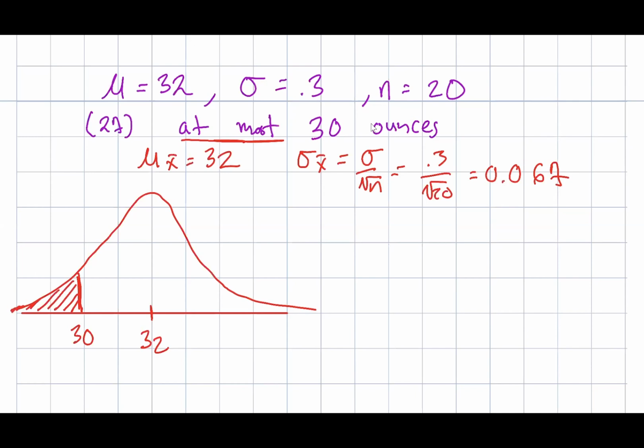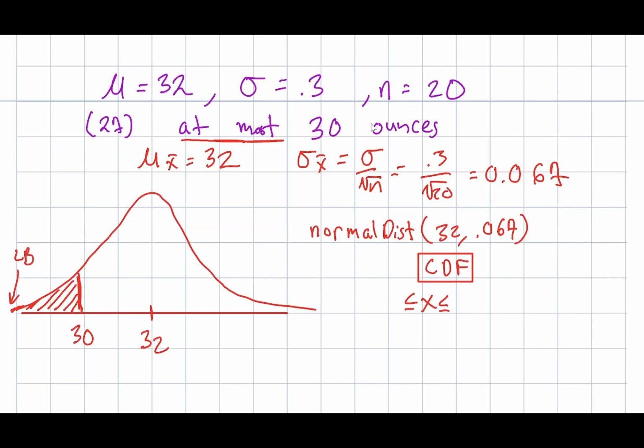All right. So for this one, once again, we're going to go ahead and do class calc. We're going to say a normal distribution. We could say mu is equal to 32. Sigma is equal to 0.067. Then since we want to find the probability, you want to select CDF. And then for the CDF, it's going to ask you for the lower bound and for the upper bound. For the lower bound, you keep on going to the left-hand side, that's technically going to negative infinity.